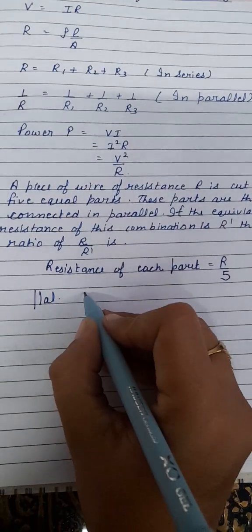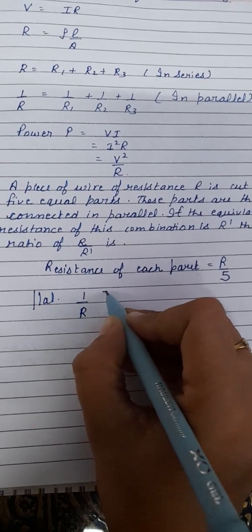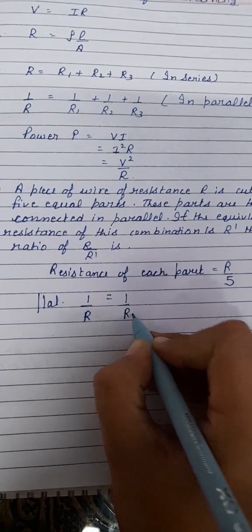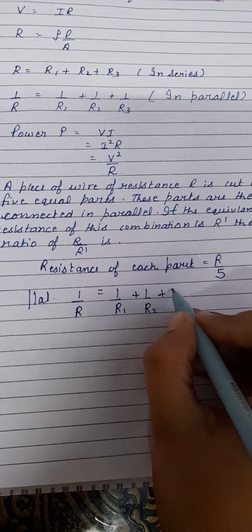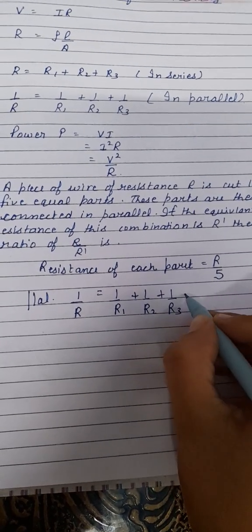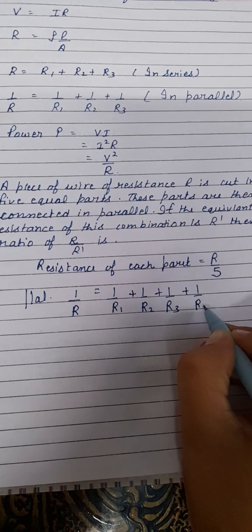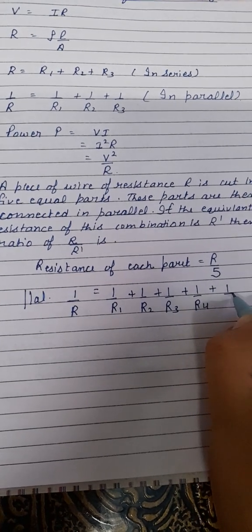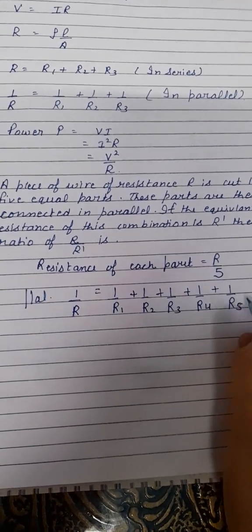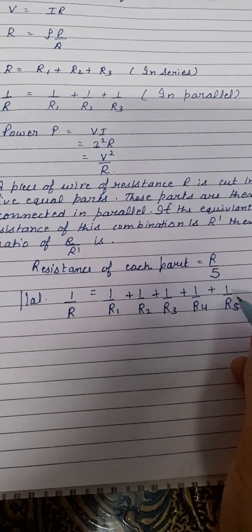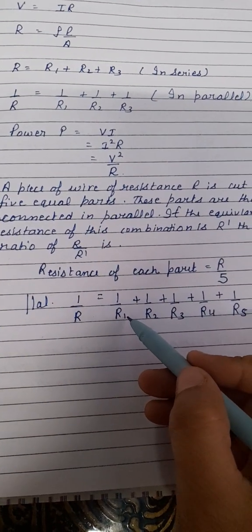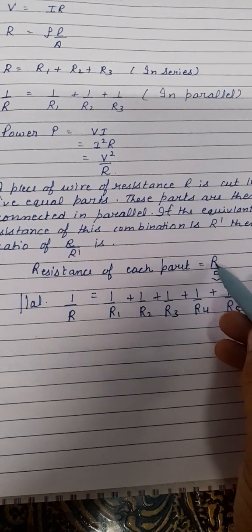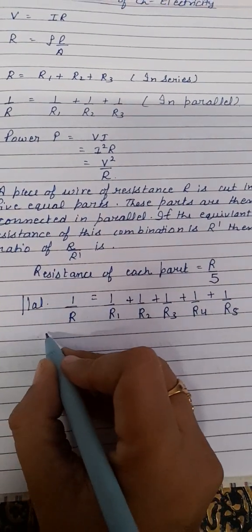For parallel, 1 by R equals 1 by R1 plus 1 by R2 plus 1 by R3 plus 1 by R4 plus 1 by R5. Because we have 5 resistors, connected from 5 equal parts, the value of each resistance remains the same, that is R over 5. Put the value here.